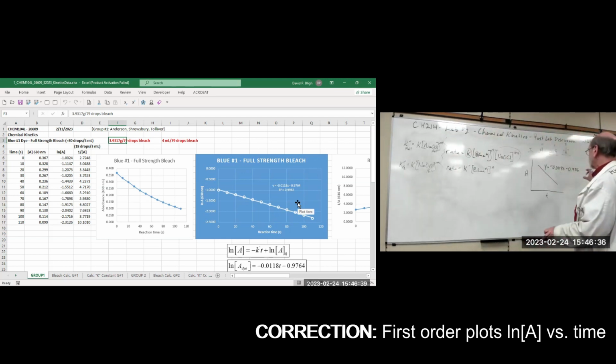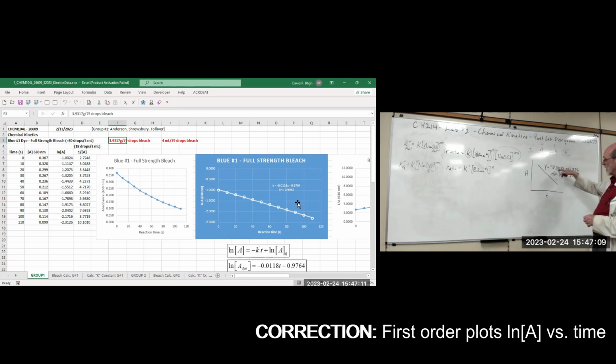Okay. So you know what this is supposed to be. This is going to be minus the log of A. That's what that means. And this is minus the log of A0.